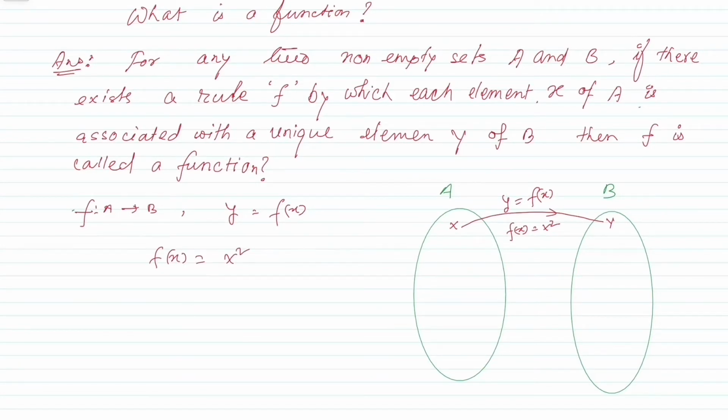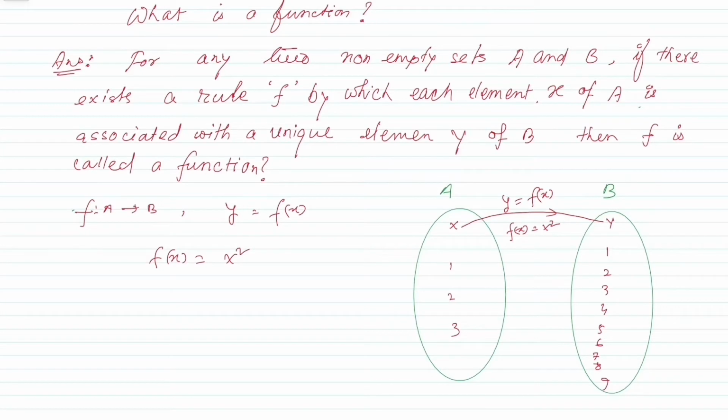Then suppose A contains 1, 2, 3 and B contains 1, 2, 3, 4, 5, 6, 7, 8 and 9.